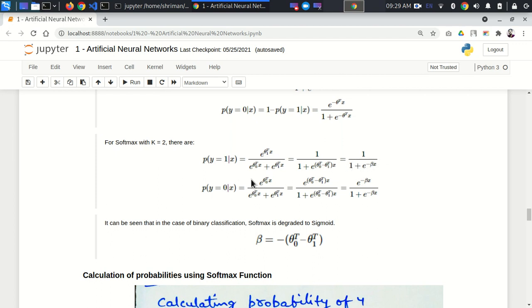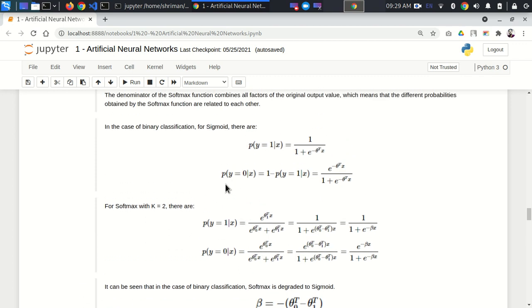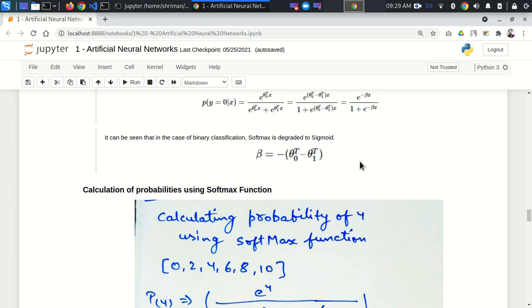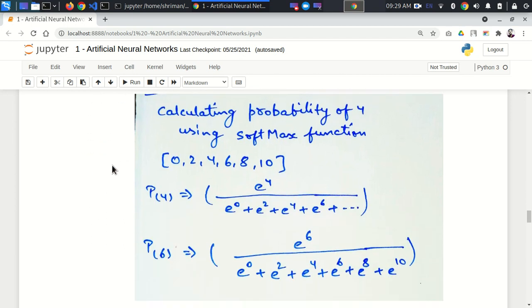So both have the same concept behind them mathematically. We can use softmax for multiple classes, but if there are only two classes, softmax degrades into sigmoid, and in that case we can go with that.